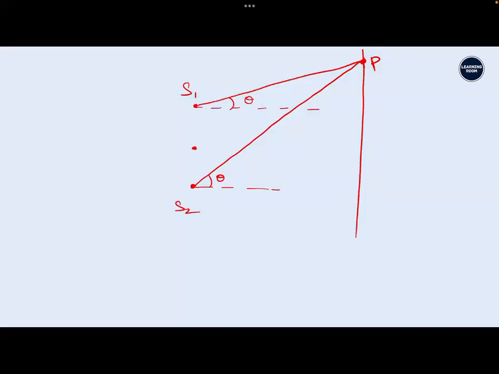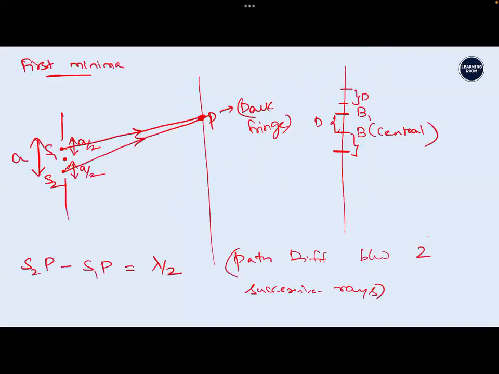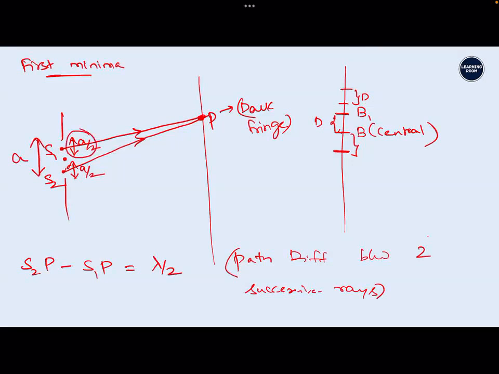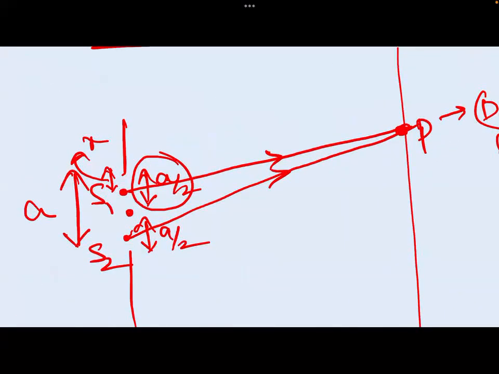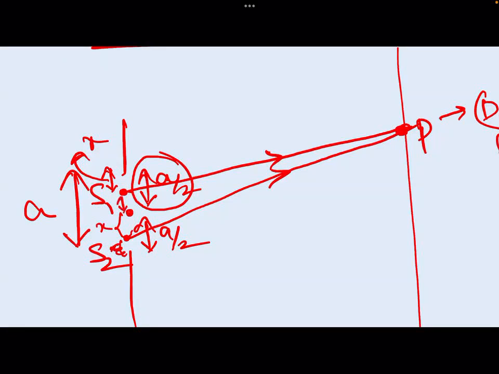Since I assumed that it is broken into two parts, observe. So this is A by 2. If I say this is X units below the top point, and this is also X units below the top point, then how much is this distance?